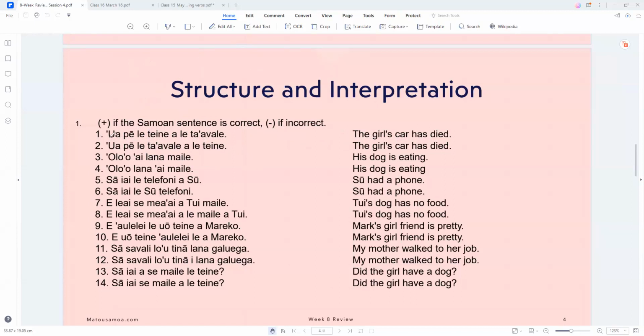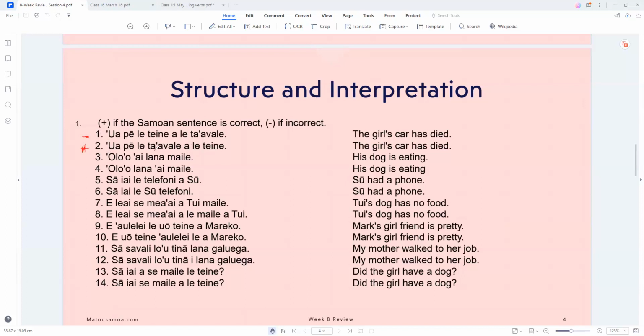Sometimes it's more damaging to read it if it's wrong. So let me just put that. Uape letavale alitane. Yes. Okay, I think that's a better way to do it. So it's correct to say this.